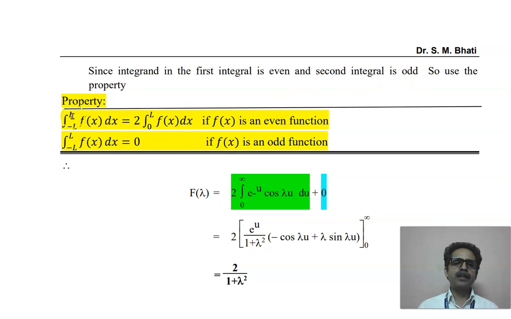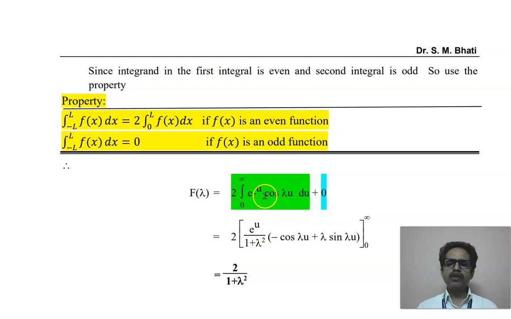The property is: integration from minus L to plus L of f x dx is 2 times the integration from 0 to L of f x dx if f x is an even function, and the second property is integration from minus L to plus L of f x dx is equal to 0 if f x is an odd function. So using these two properties, the first term becomes 2 times the integration from 0 to infinity of e raised to minus u cos lambda u du, and the second term becomes 0.